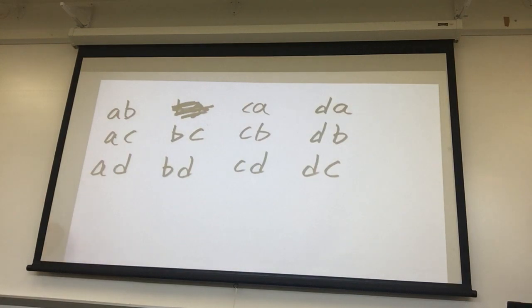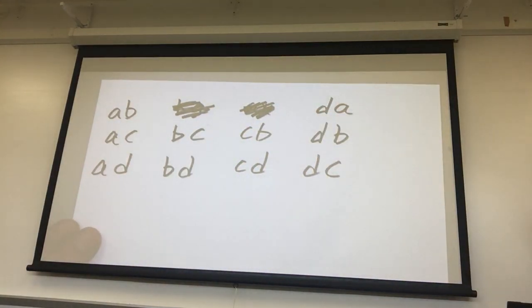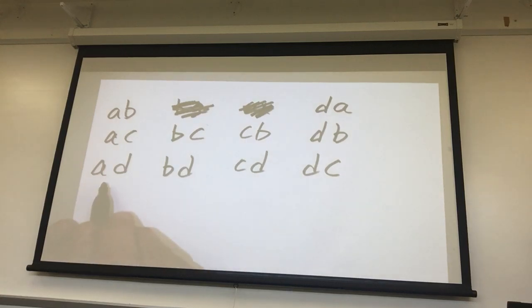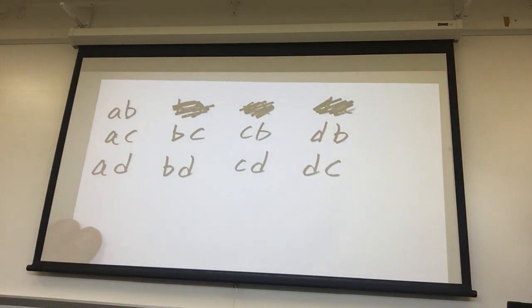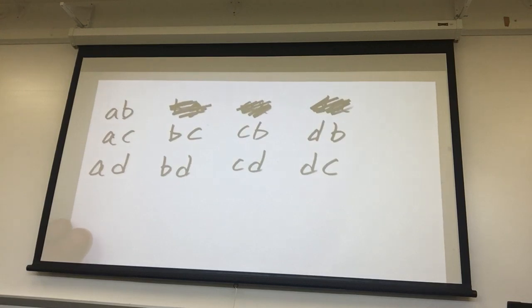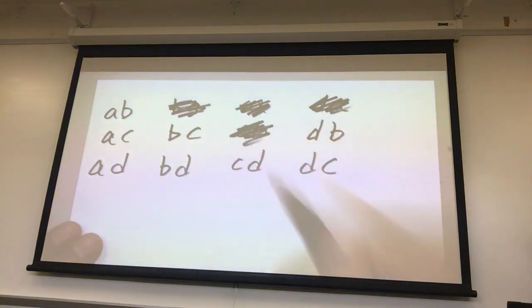Now because of AB, BA is out. And then because of AC, CA is out of the set. And then because of AD, DA is out of the set. Does anybody see the next one that cancels? Because of BC, CB is out.